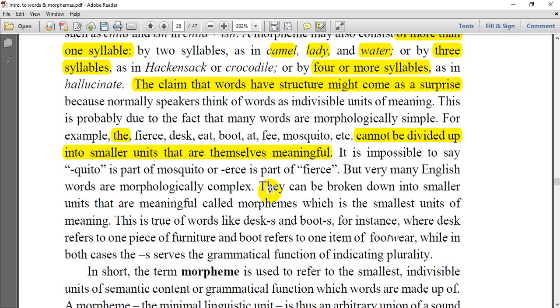They can be broken down into smaller units that are meaningful, called morphemes, the smallest units of meaning. This is true of words like desks and boots. Desks has two morphemes, desk plus s, and boots has two morphemes, boot plus s.